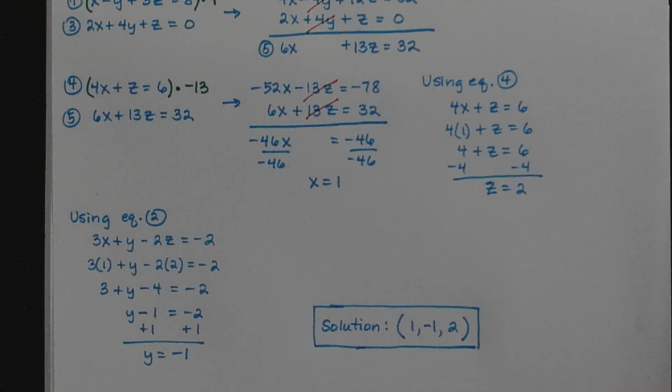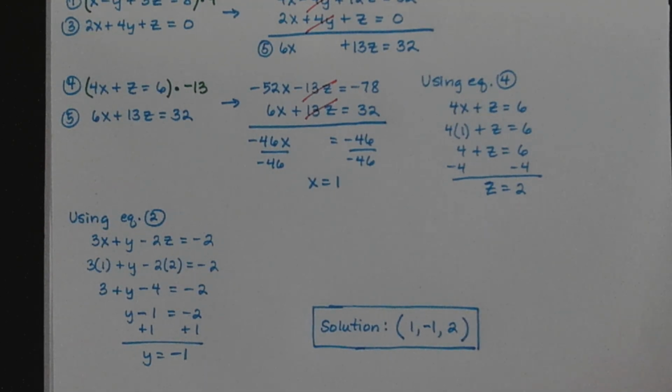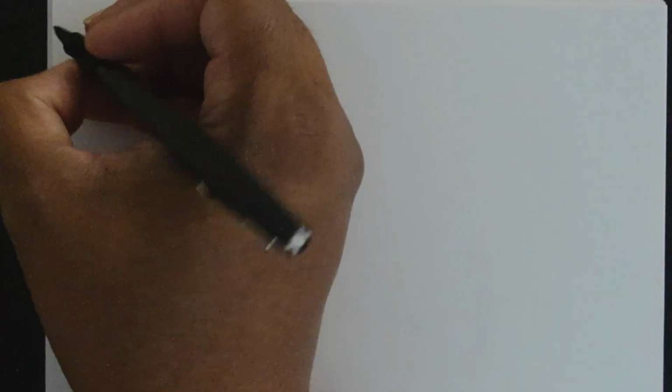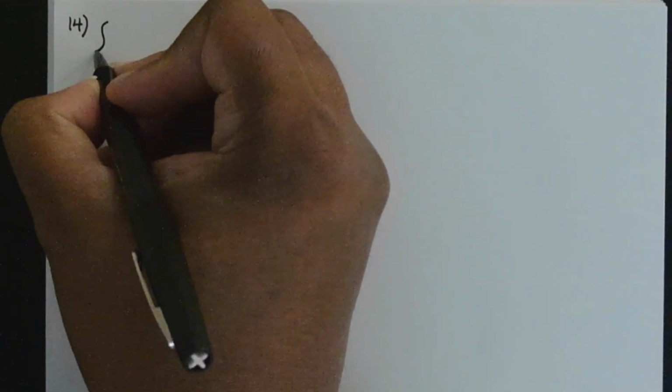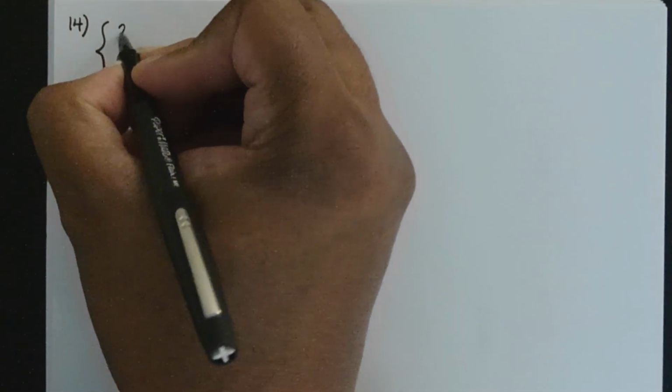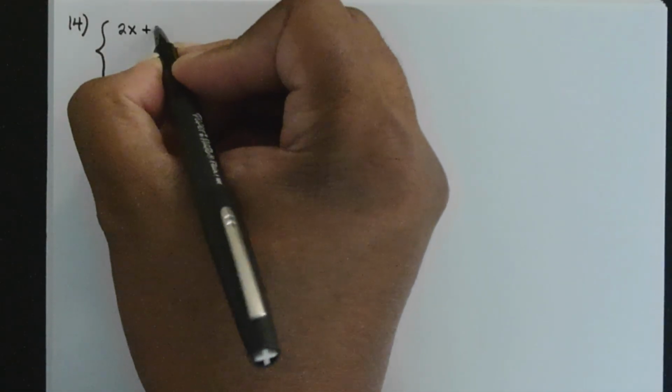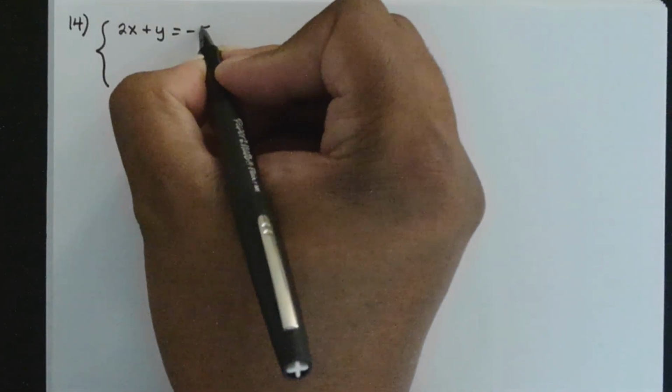Okay, problem number 14 is a system of nonlinear equations. And this is in 2 variables, by the way. So here we've got 2x plus y equals negative 5.